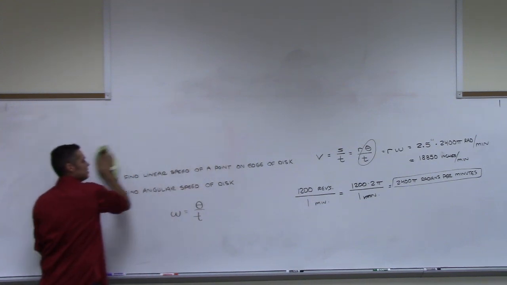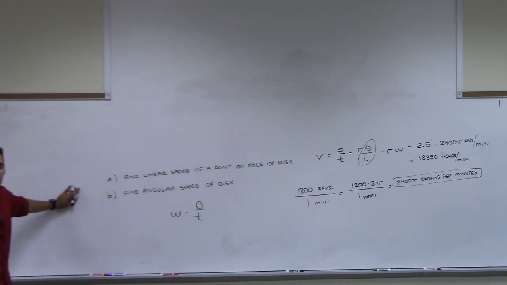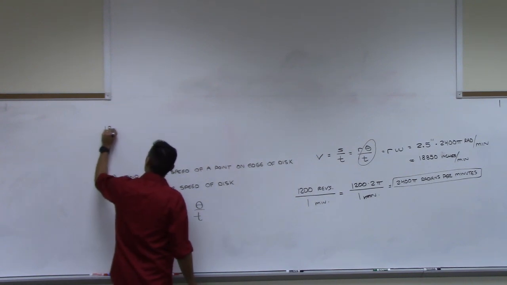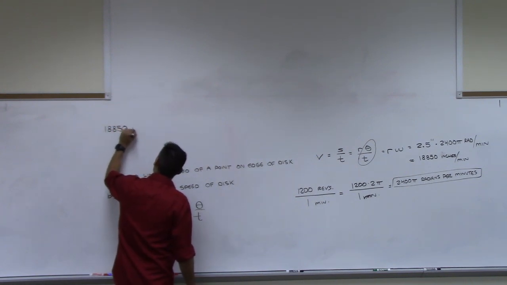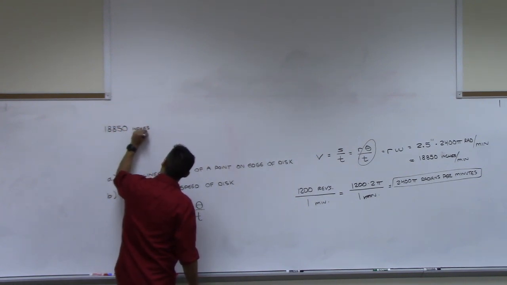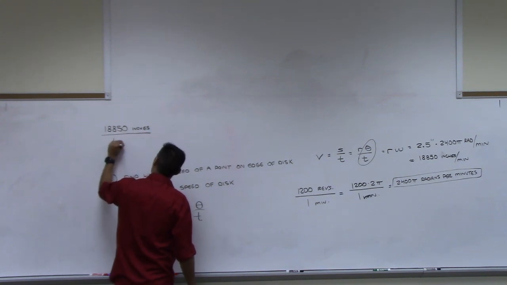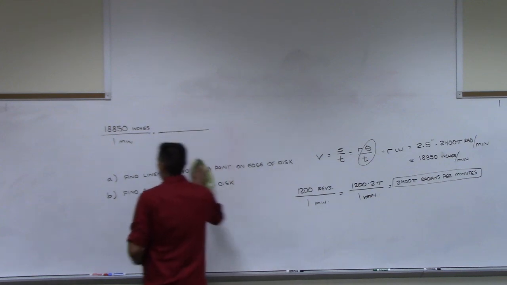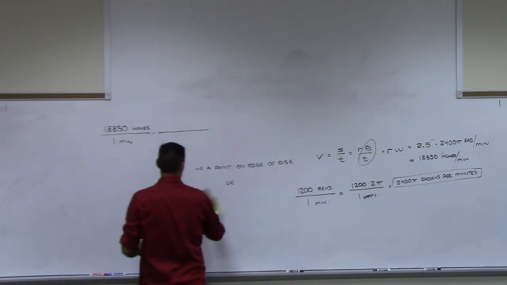What if I asked you to give me the linear speed in miles per hour? Can you do the conversion? 18,850 inches per 1 minute. Let's see if you can do the conversion. Let's first take care of minutes. We want minutes to be hours, right?